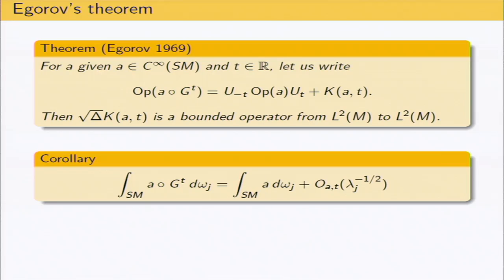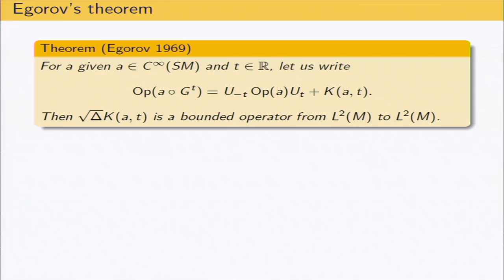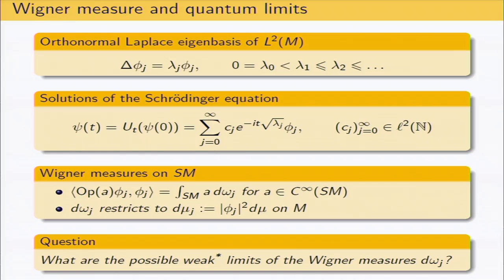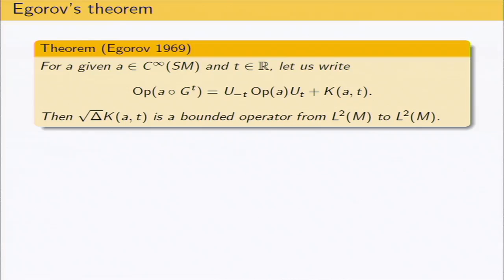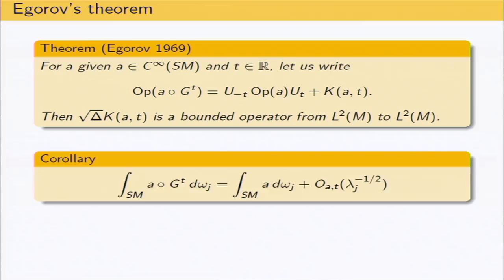Now, this formula is actually very easy to derive from the previous one, namely, these integrals are given by definition by these scalar products, and if you plug in this formula in the scalar product, then this part yields this left-hand side, this part yields this one because ut is unitary and acts on phi j by a complex number of length 1, and this operator then produces the error term lambda j to the -1/2.